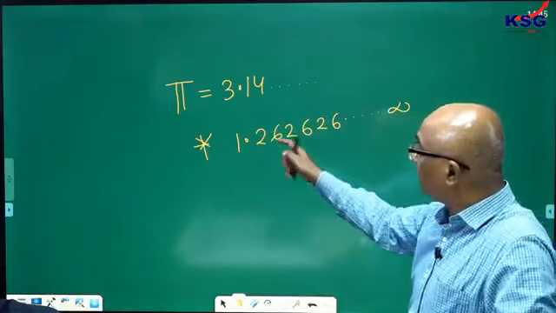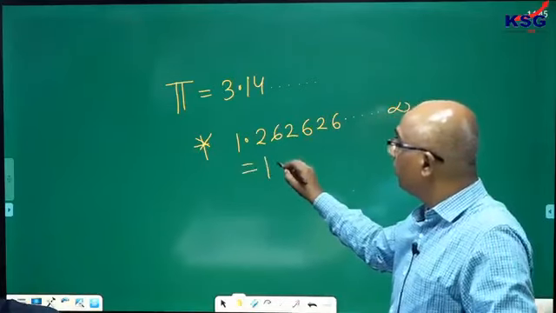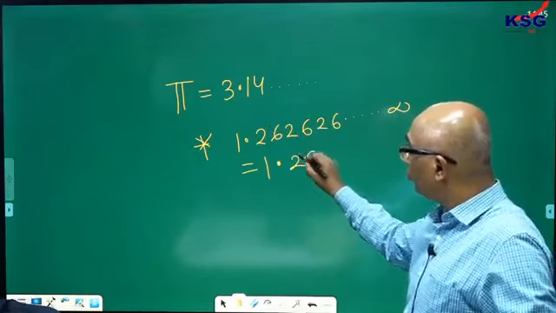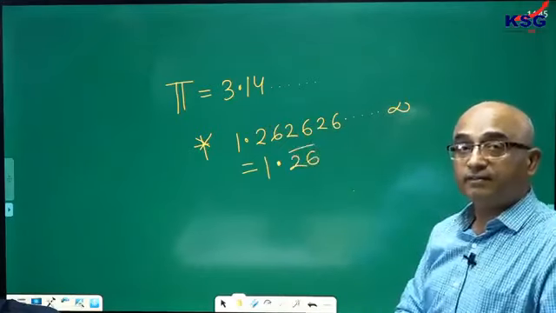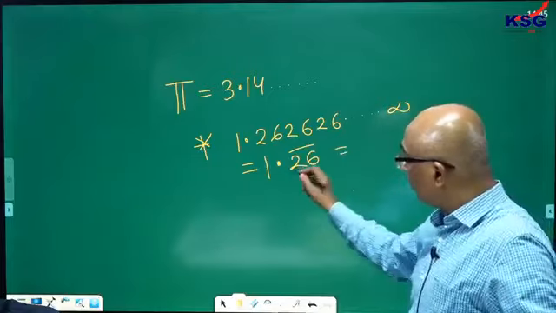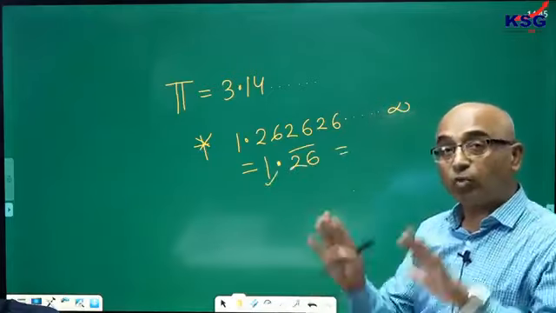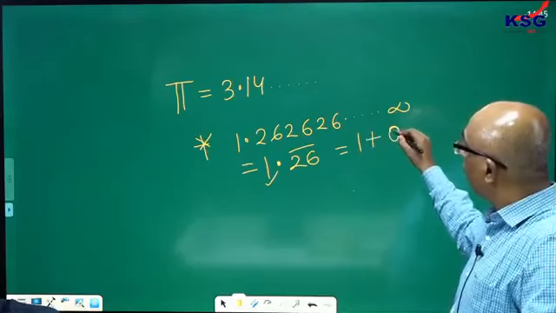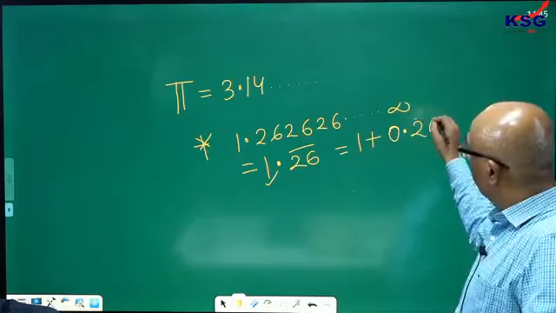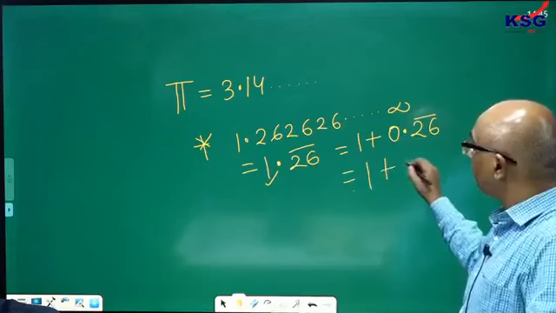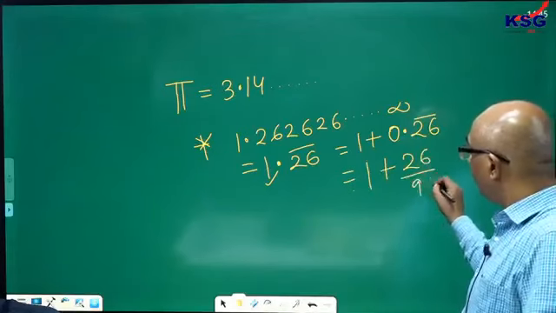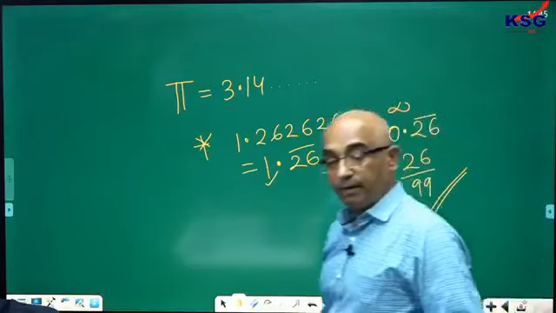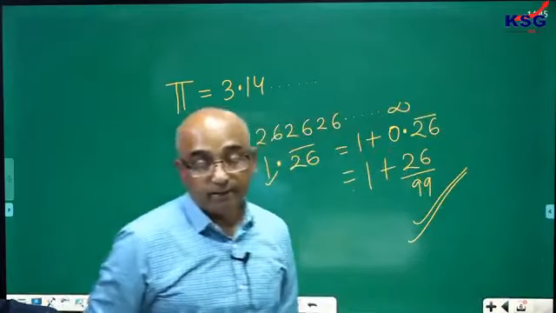Look, this other number one can convert into recurring decimal because 262626 is repeated. So 26 bar like this. And the part before the decimal is known as the integer, so keep the integral part separately. So this can be written as 1 plus 0.26 bar. Now apply the basic: 1 plus 26/99 and solve it, you will get the answer. Yes.